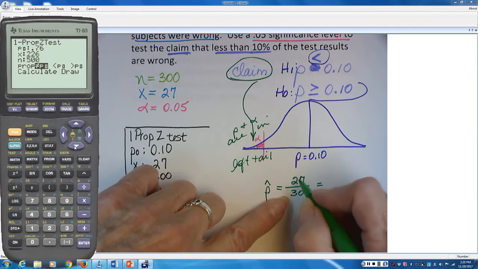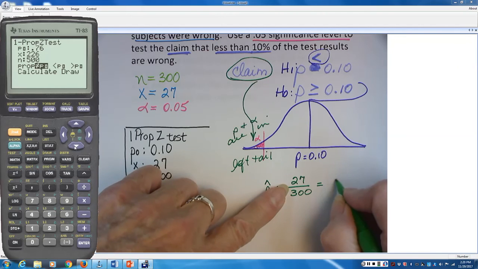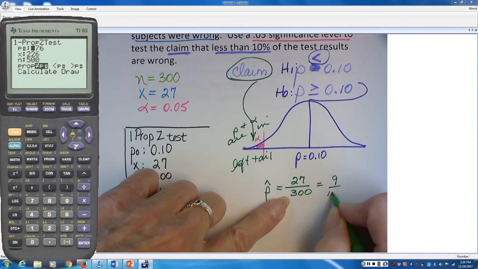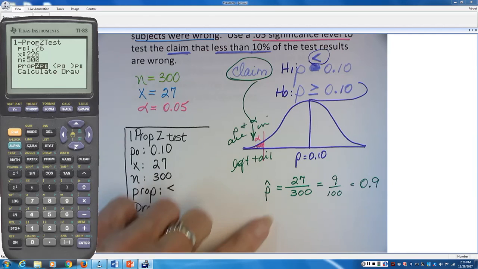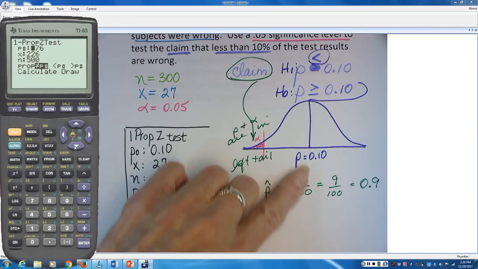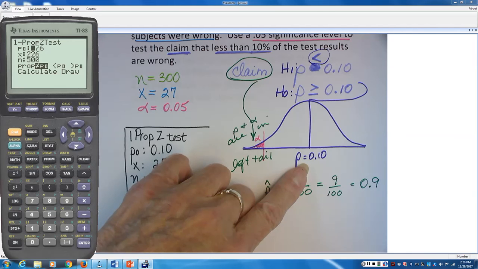Let's see, 3 goes into 27 9 times and into 300 100 times, so p-hat is 0.09. Is 0.09 less than 0.10? Mm-hmm. So couldn't we just come to a conclusion right now?